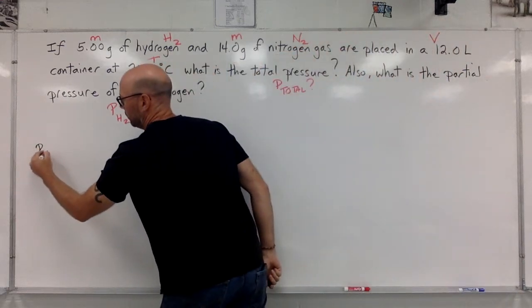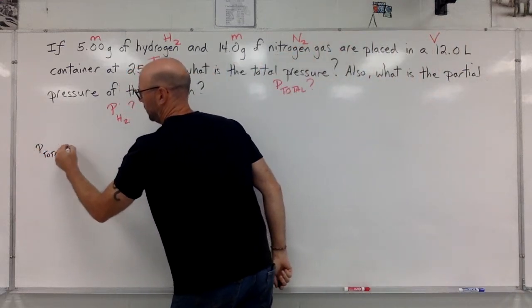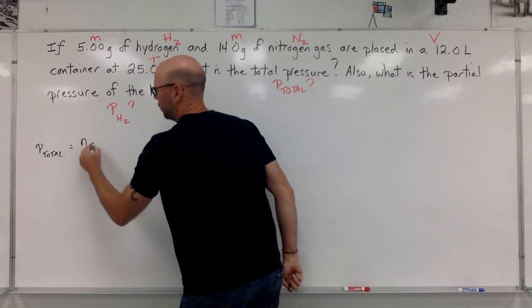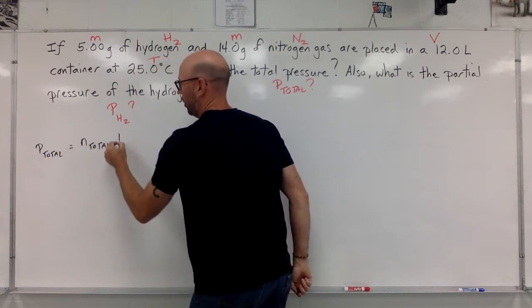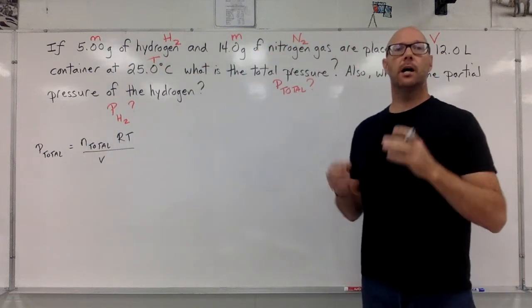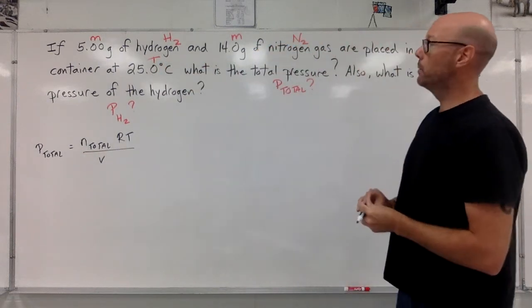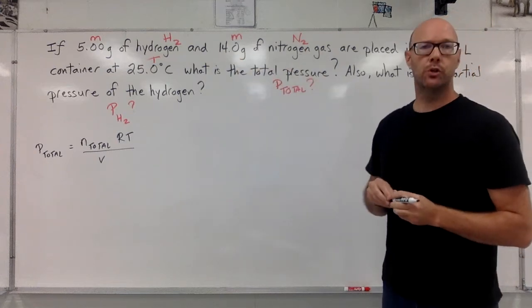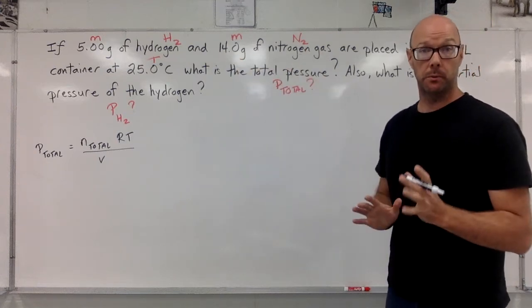P total is n total RT over V. But we need the total moles, but what we have are two masses. It's going to turn out to be like this.